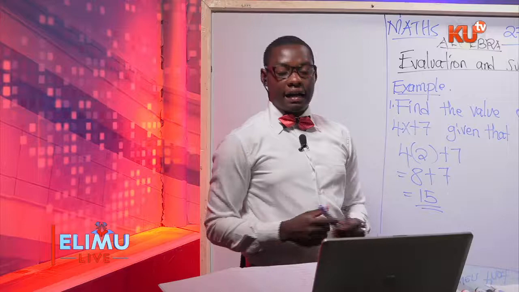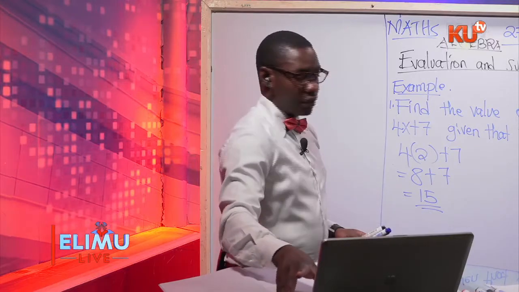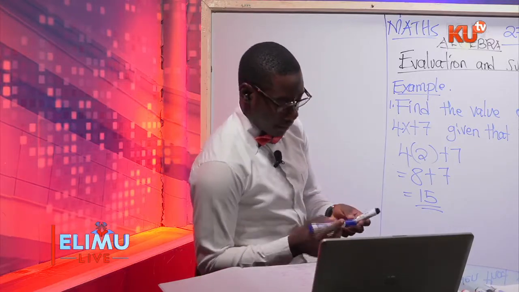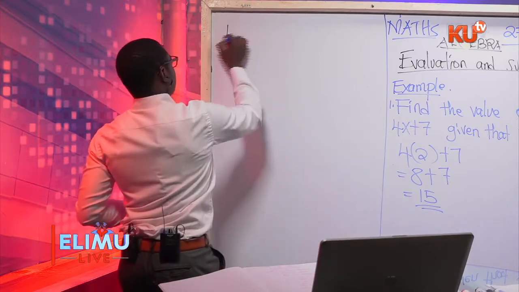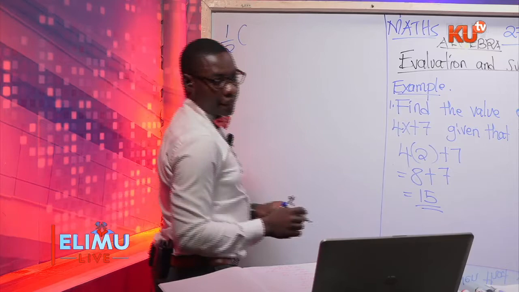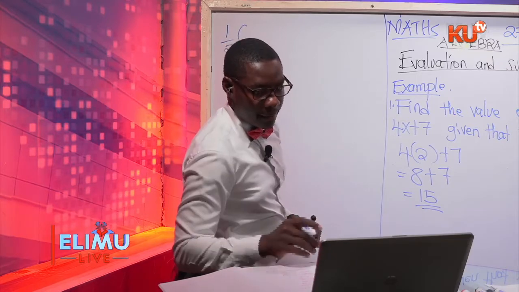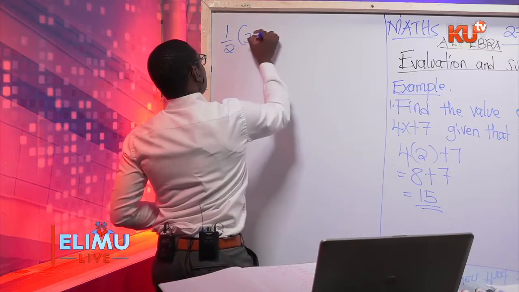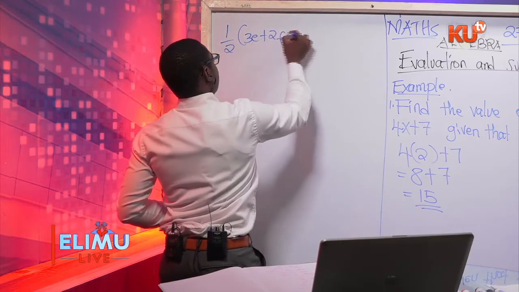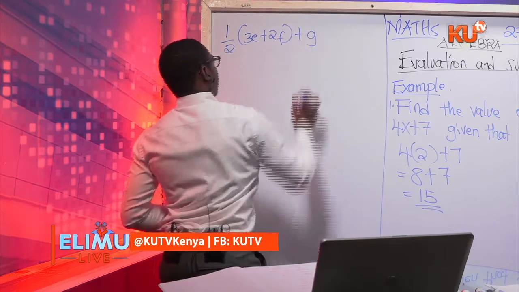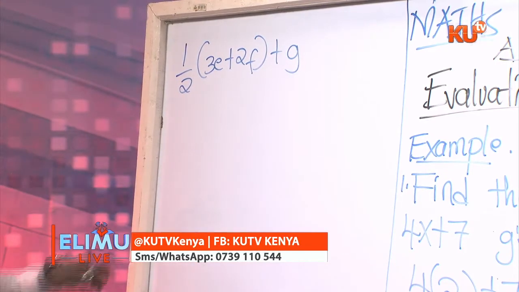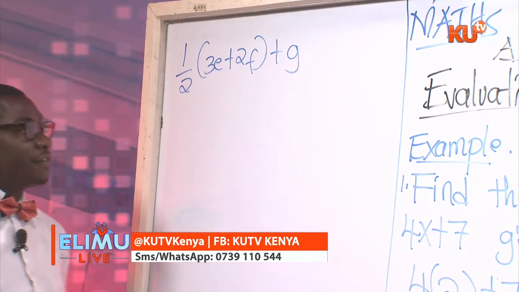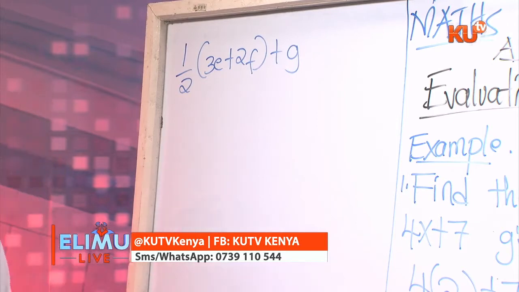So we can have another second example that will include brackets. So we can have a half into brackets 3e plus 2f, close the brackets, plus g.